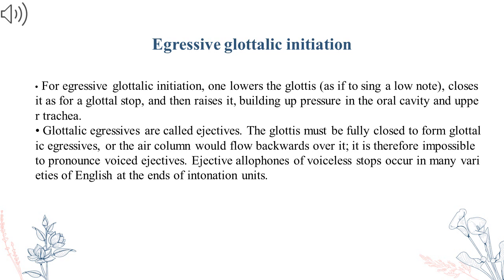The glottis must be fully closed to form glottalic aggressive, or the air column would flow backward over it. It is therefore impossible to pronounce voiced ejectives. Ejective allophones of voiceless stops occur in many varieties of English at the ends of intonation units.